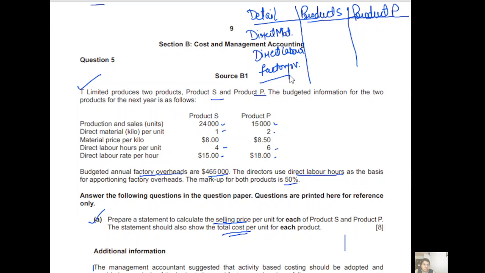After that you come to know your total cost. When you find your total cost, then add markup, and then you come to know your selling price.